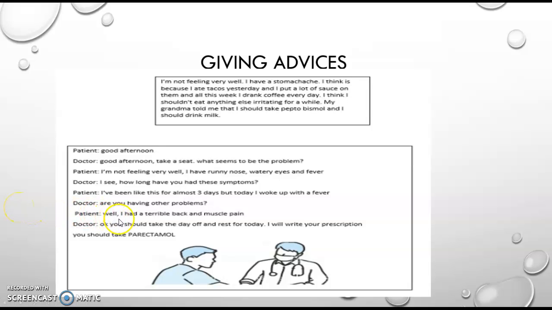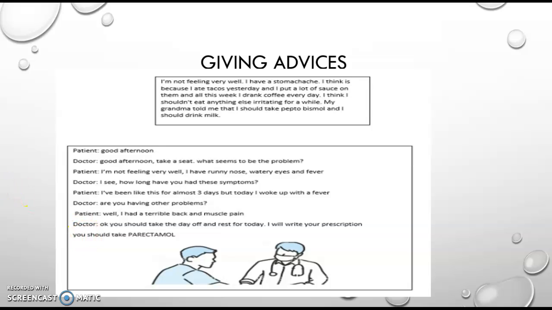For example, okay, you should take the day off and rest for today. I will write your prescription. So you should take paracetamol. This doctor is giving advice about taking care of him, like having a break, having a free day to get better.